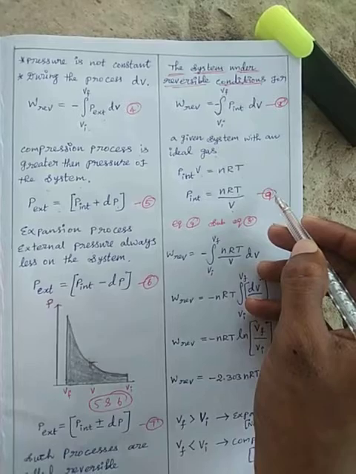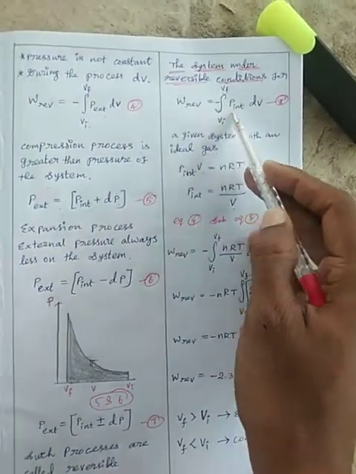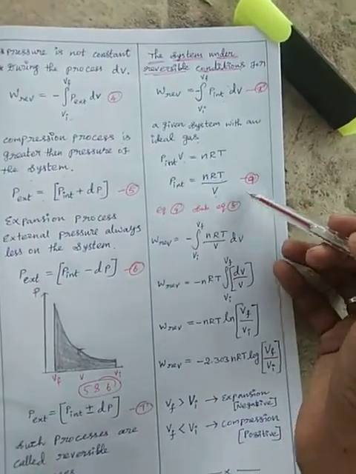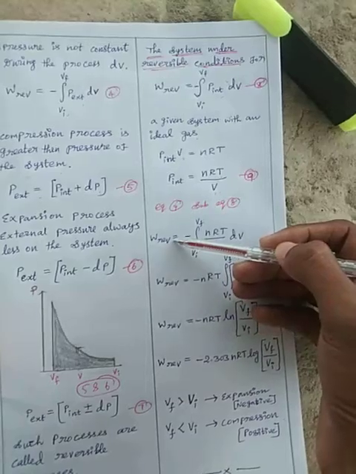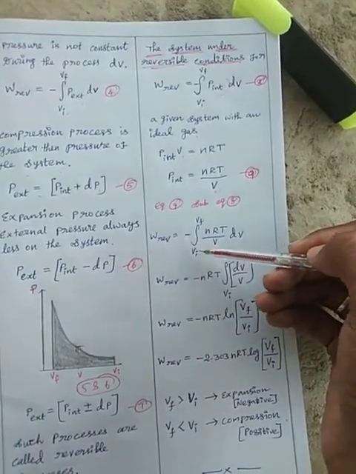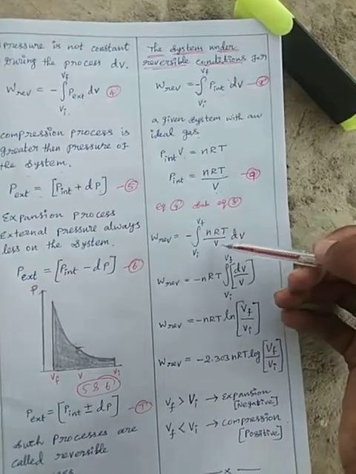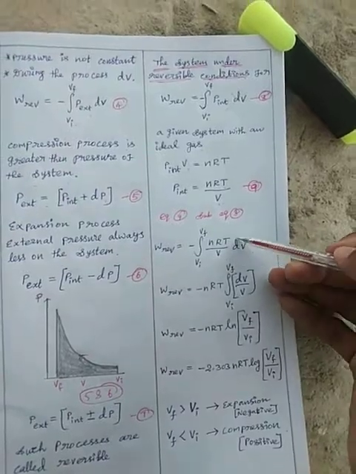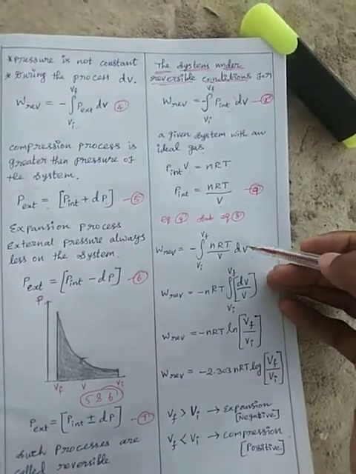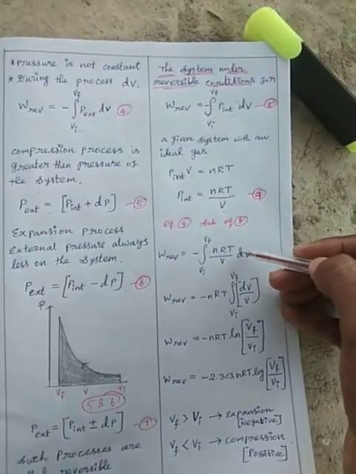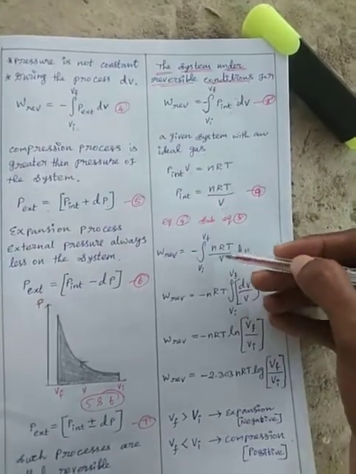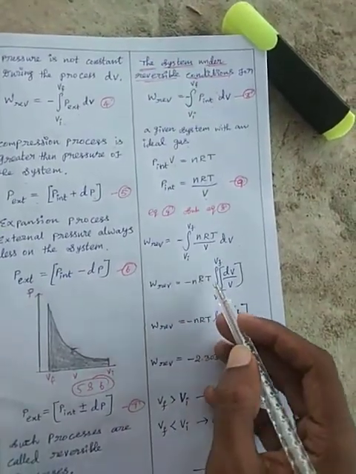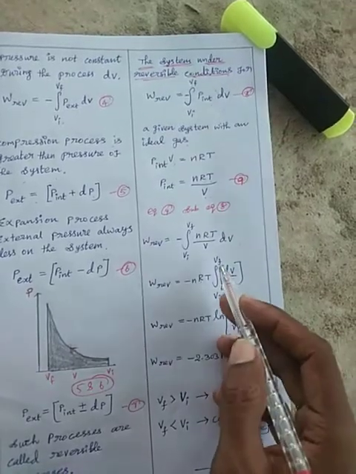Substituting equation 9 into equation 8, P internal is nRT divided by V. So work reversible equals minus the integral from volume initial to volume final of (nRT/V) dV. Taking nRT to the front, work reversible equals minus nRT times the integral of dV/V between volume initial and volume final.